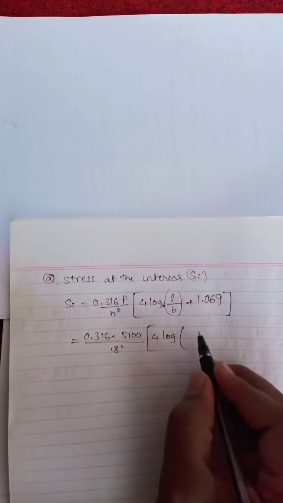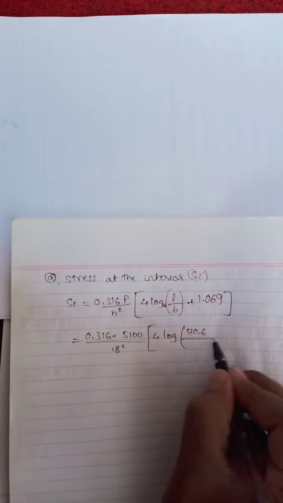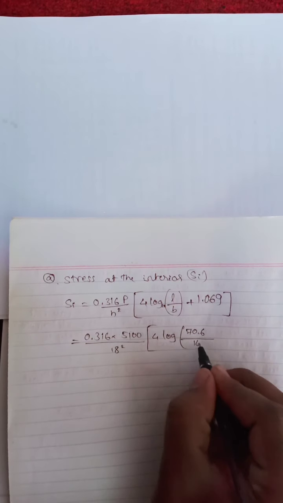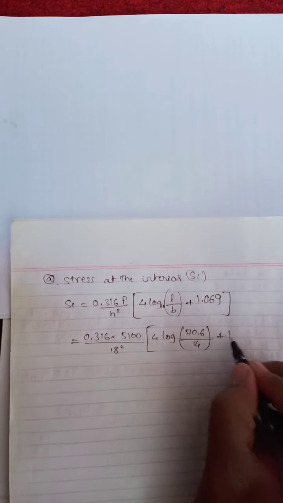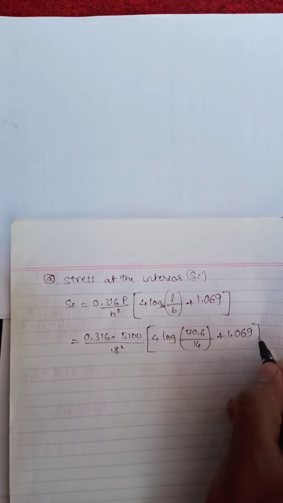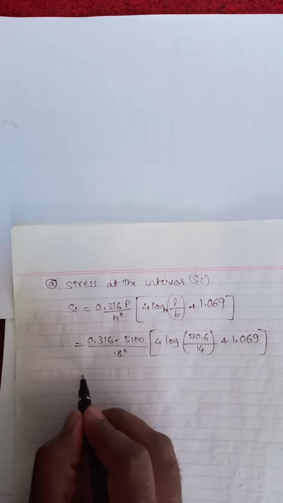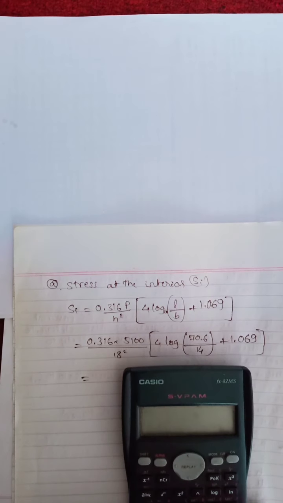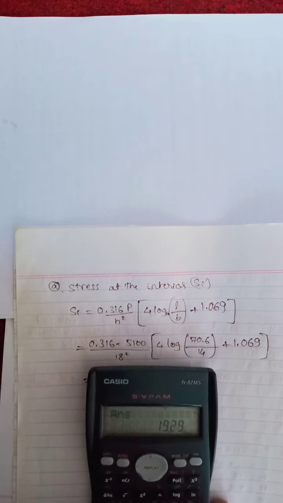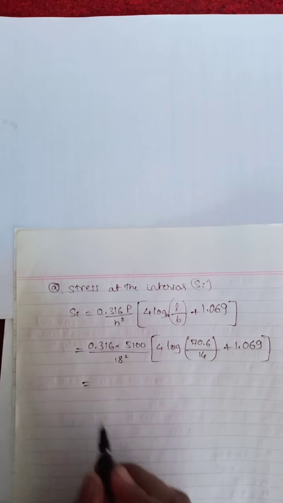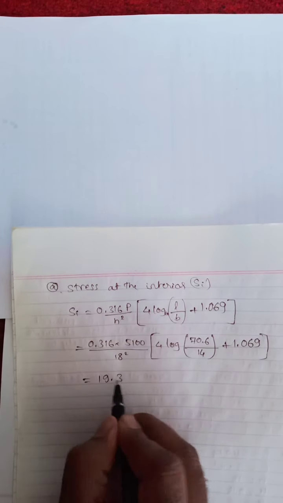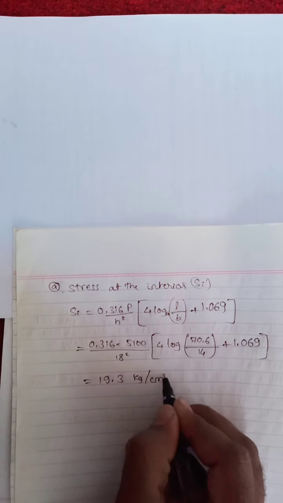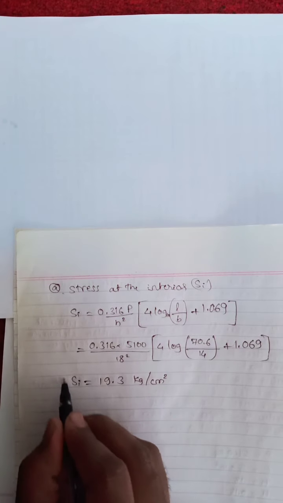Radius of relative stiffness we have calculated 70.6. b we calculated as 14, plus 1.069. Use the calculator to get the values. Hope you are getting 19.29. So we can write 19.3 kg per centimeter square. This is SI, stress at the interior.